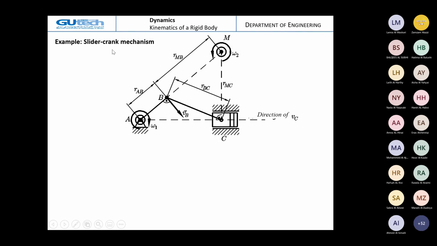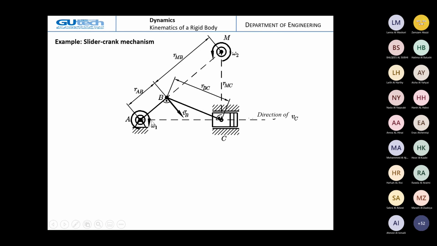Now, for example, we take a slider crank mechanism. In this case, we have the mechanism, the piston, translating in this direction. It is locked in the vertical direction; there is only horizontal translation. This point is rotating with omega 1.